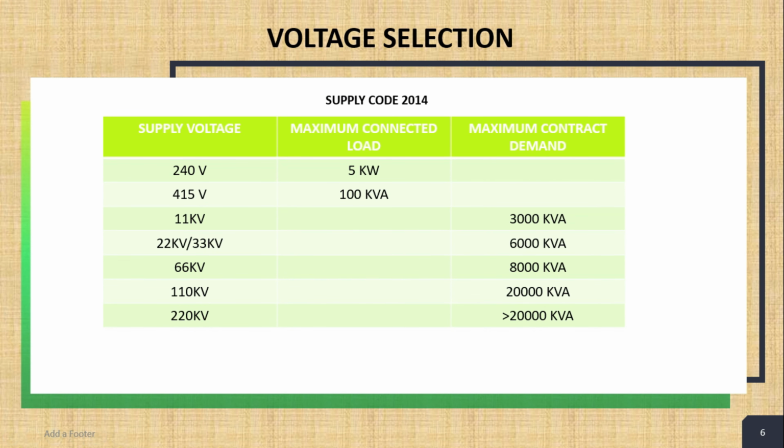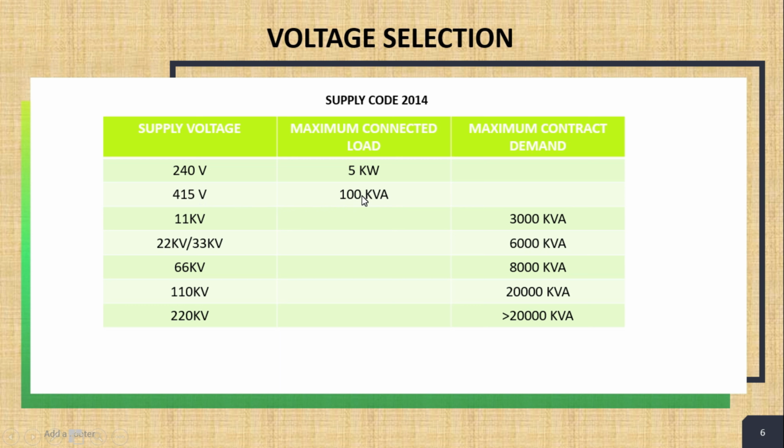The given chart shows the selection of voltage based on maximum connected load and maximum contract demand. It is taken from the supply code 2014. As per the chart, up to 5 kW we can use single phase 240 volt, and up to 100 kVA we can use 3 phase 415 volt.